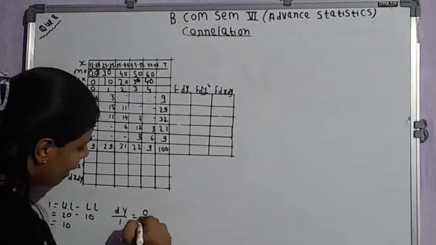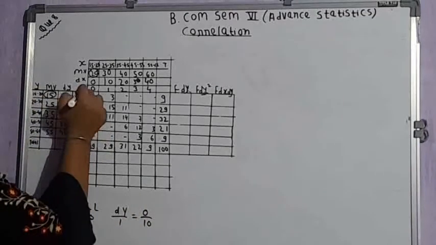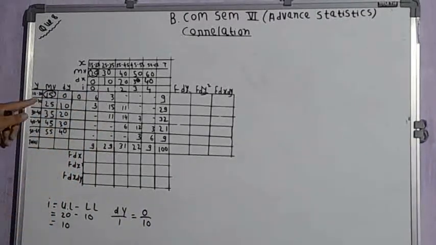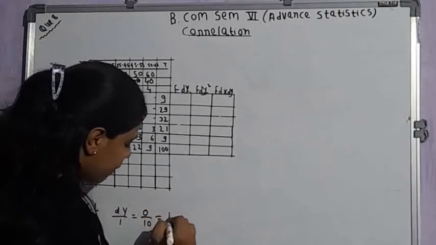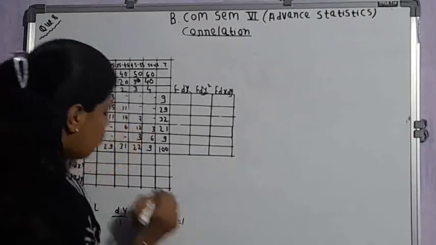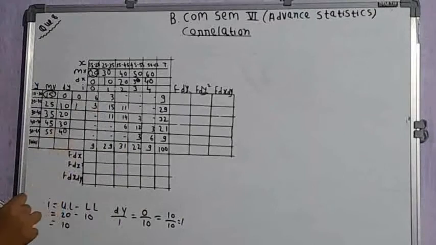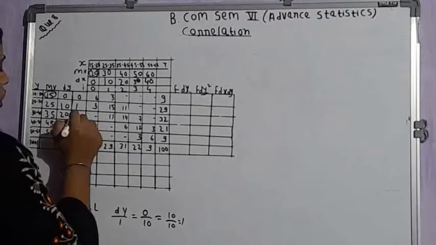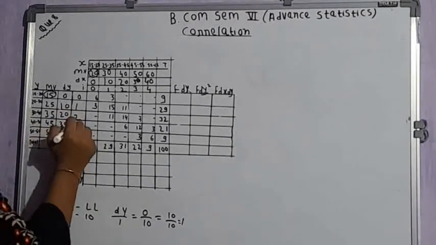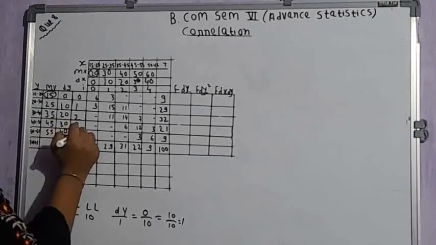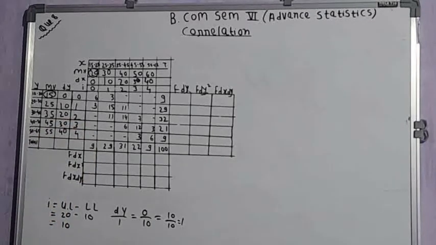What is the value of I? 10. 0 divided by 10, 0. What is the value of dy in the second class interval? 10. What is the value of I? 10. So 10 divided by 10 would be equal to 1. So here we will write 1. What is the value of dy? 20. What is the value of I? 10. 20 divided by 10, 2. In the same way, 30 divided by 10, 3. 40 divided by 10, 4. So this way we have calculated this row as well.